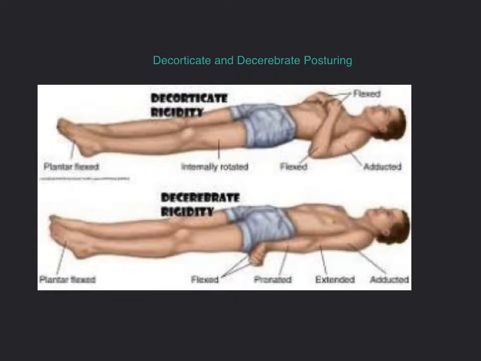So it's moving away. In other words, with decerebrate and cerebral, everything is moving away from the brain. If you think about it that way, it's one of the ways that you can remember the difference between decorticate and decerebrate posturing.